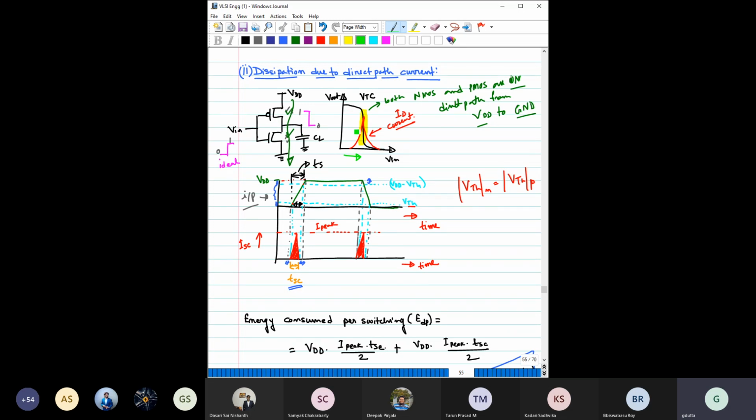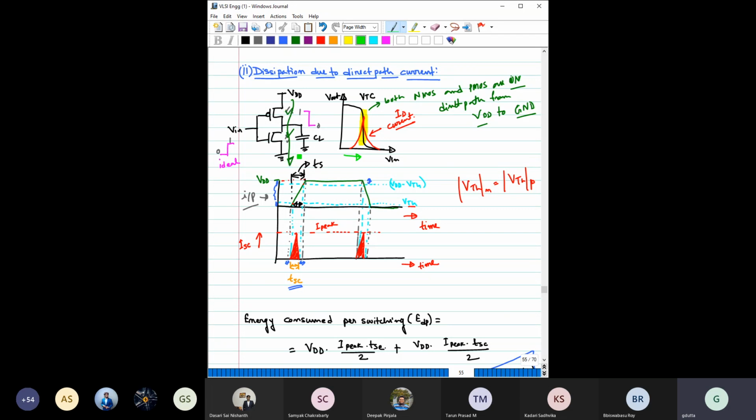In this region both the transistors are simultaneously on, and we have seen the current profile, ID, will also look like this. So basically during this region, VDD is shorted with the ground. It's not actually shorted, because there is a resistance offered by this MOSFET as well as this MOSFET, but what I mean is there is a direct path between VDD and ground.